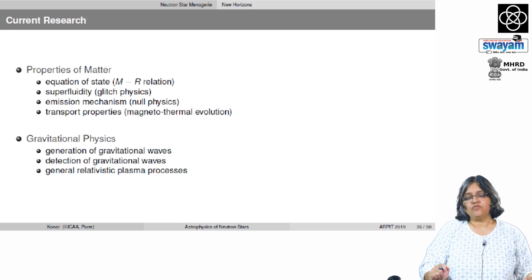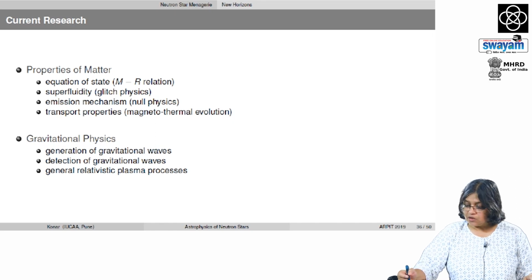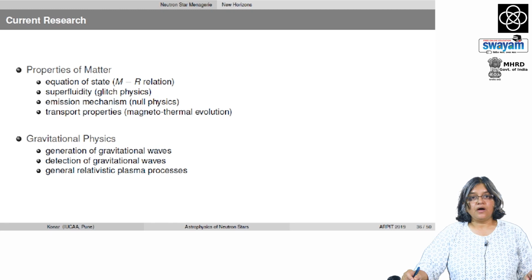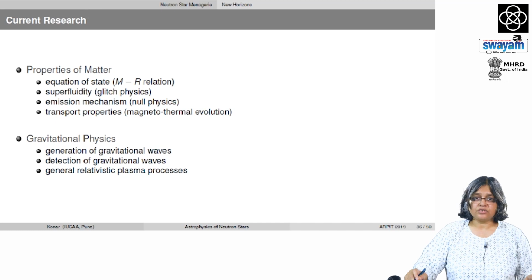Now, the current research of neutron star physics concentrates upon the properties of matter, equation of state, mass-radius relation, understanding superfluidity which is related to the glitch physics, emission mechanism, and understanding the transport properties which is very crucial for magnetothermal evolution. And there is a new aspect of astrophysics in recent times which relates to gravitational physics. Neutron stars are sources of gravitational waves.